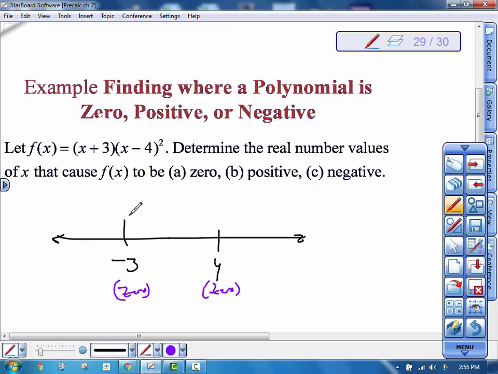Pick a number that's less than -3, like -4. -4 gives you a negative here, and this is always going to be positive because any number squared is positive. So that gives you a negative. Pick a number between -3 and 4, like 0. When you plug in 0, you get a positive and a positive, so that's positive. Pick a number bigger than 4, like 5, gives you a positive and a positive, so that's positive as well.